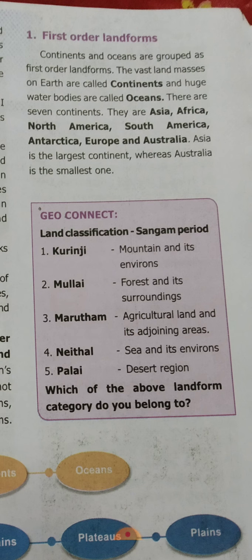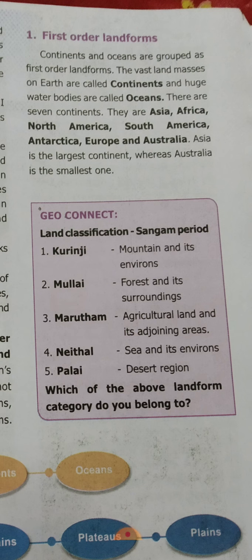So underline what is a continent and what is an ocean. There are 7 continents. They are Asia, Africa, North America, South America, Antarctica, Europe, and Australia. Asia is the largest continent, whereas Australia is the smallest one.